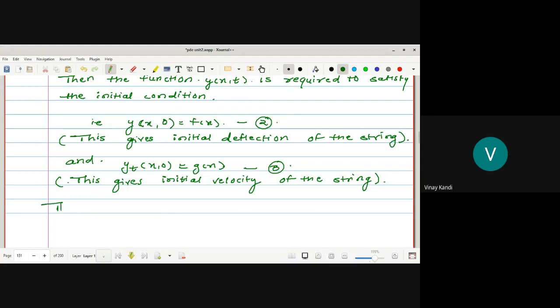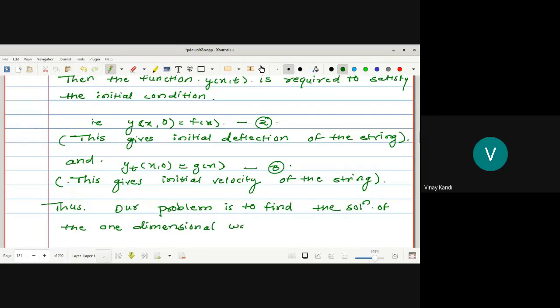So our problem is to find the solution of the one-dimensional wave equation 1, equation 1 आपल्याला काय करायचं, सोल्युशन फाइंड आउट करायचं, satisfying initial condition, that is equation number 2 and 3.